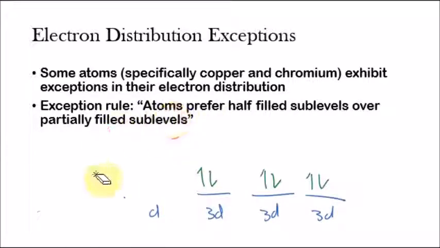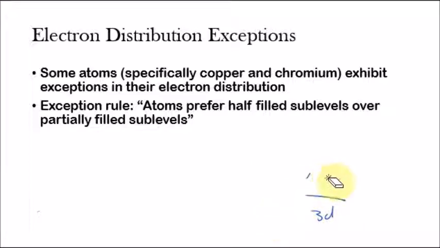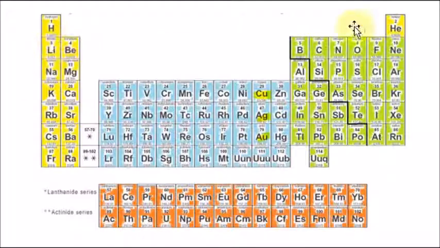For chromium, it starts to do a slightly similar thing. So let's first write the electron configuration for chromium. That is 1s2, 2s2, 2p6, 3s2, 3p6, 4s2, and 3d4.